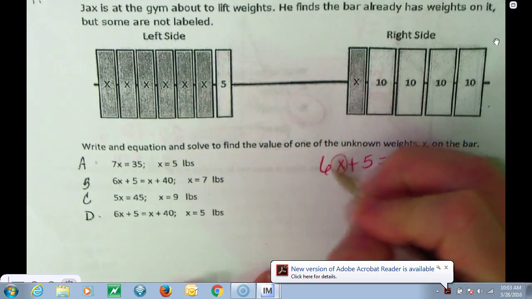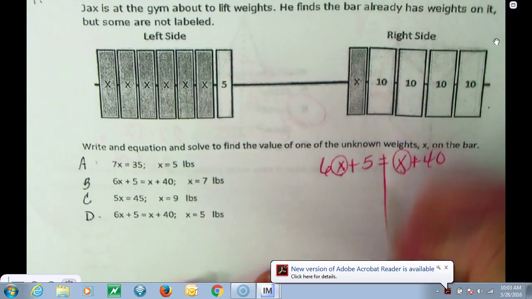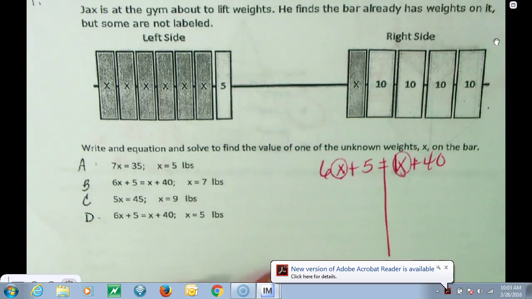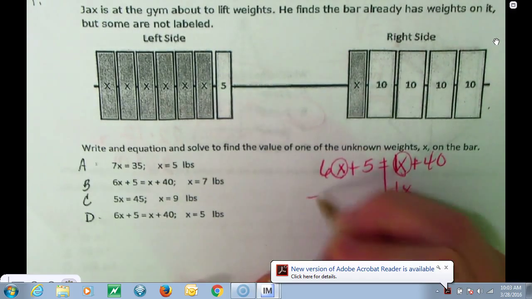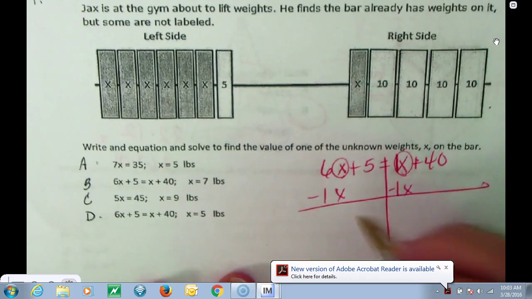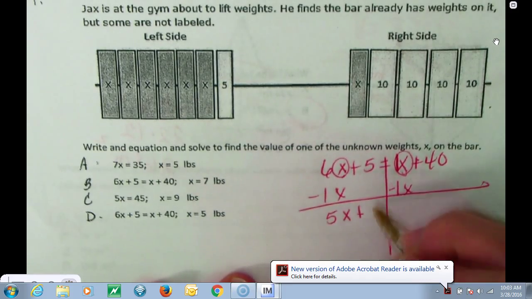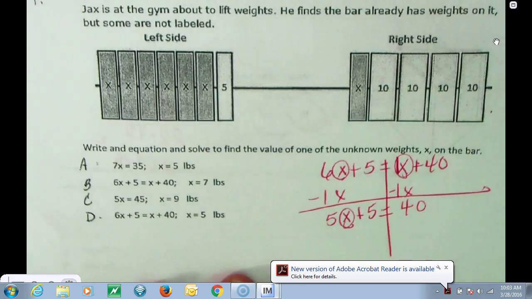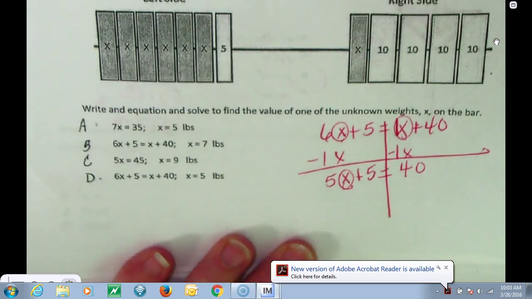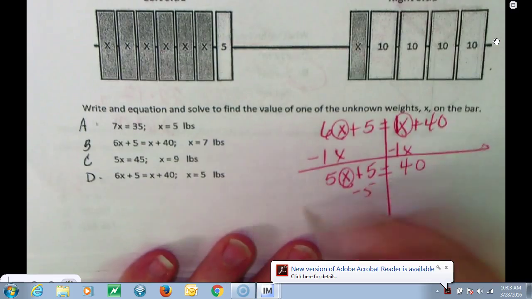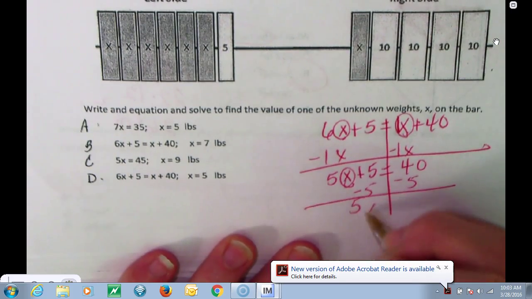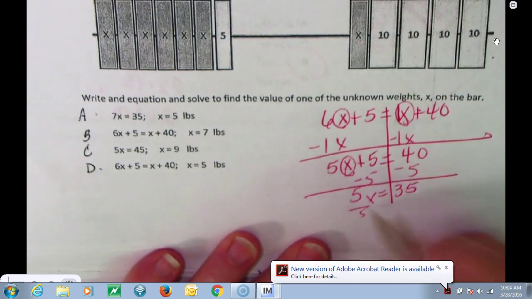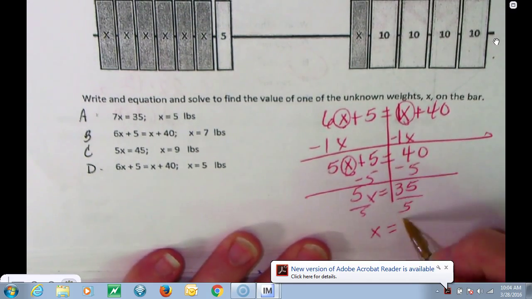Circle the x's, draw your river. Hey, that's 1x, isn't it? So I'm going to subtract 1x, and I'm going to get what? 5x plus 5 equals 40. Circle my x. Now what have I got to do? Minus 5. And then what have I got to do? Divide by 5. So x is 7.